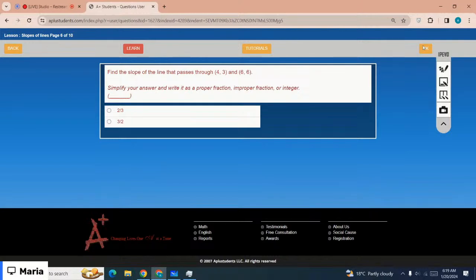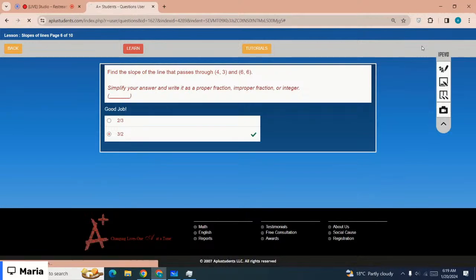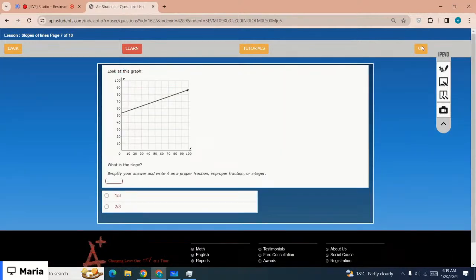Yes, the correct option is 3 over 2, right? Option number 2 is the correct option. Look at this graph. What is the slope? So which is the correct option?